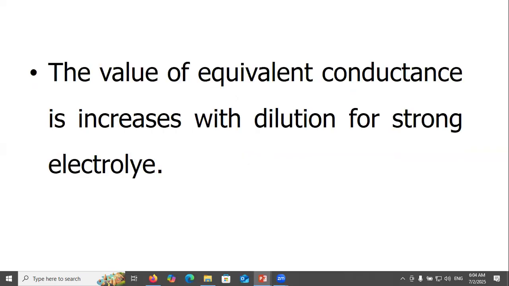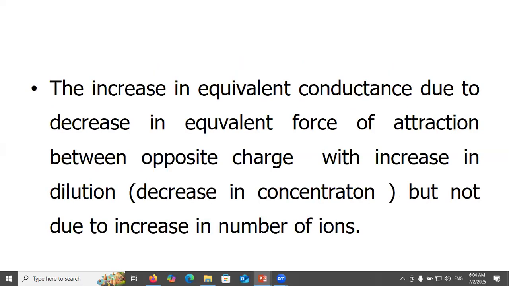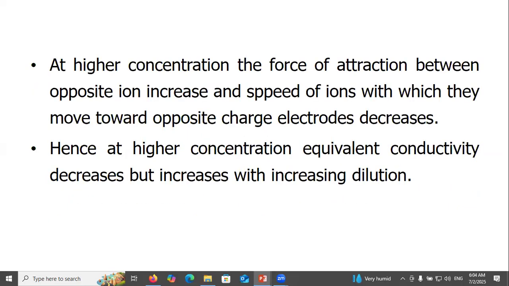The value of equivalent conductance increases with dilution for strong electrolytes. The increase in equivalent conductance is due to the decrease in the force of attraction between opposite charges with increase in dilution, that is, decrease in concentration, but not due to an increase in the number of ions.